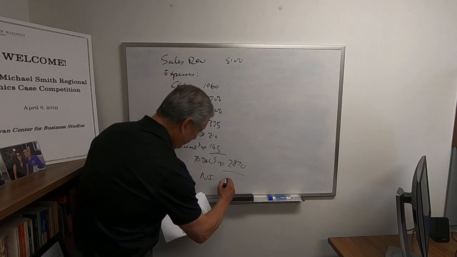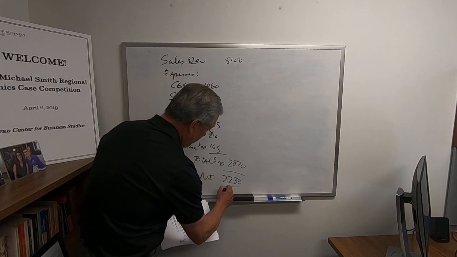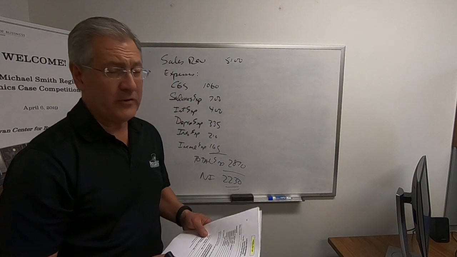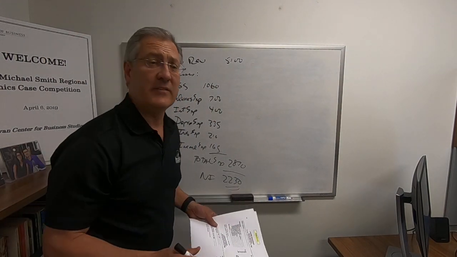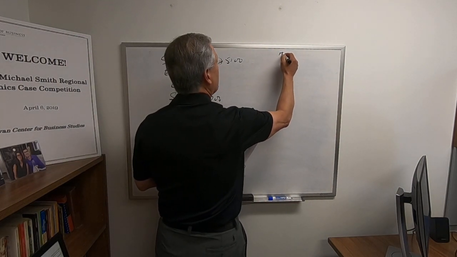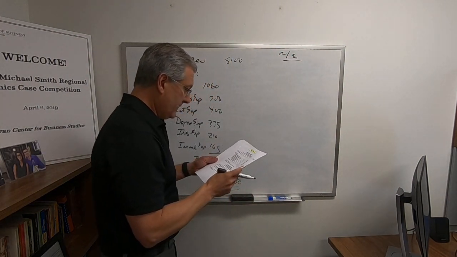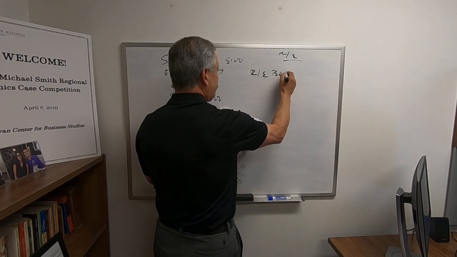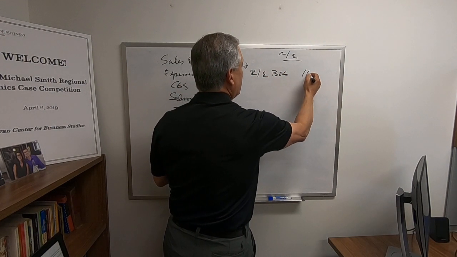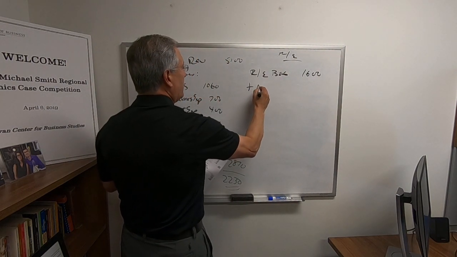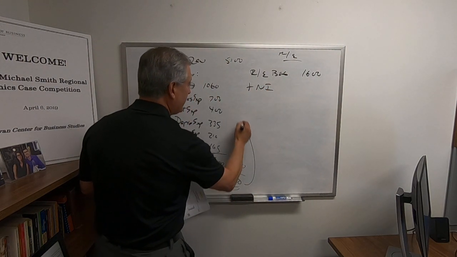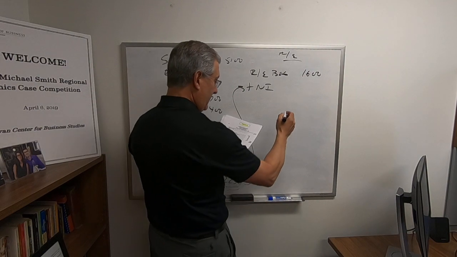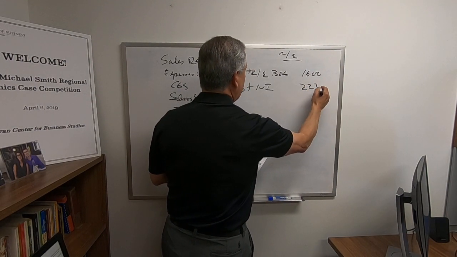Net income, 2230. And you know you're going to need that for the statement of retained earnings. They told you that retained earnings beginning was $1,600. You're going to add net income, which is that number right there, 2230.